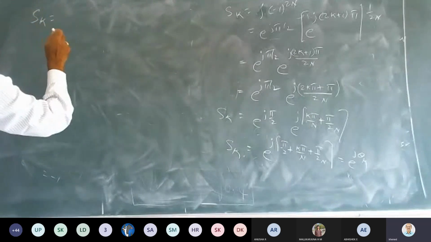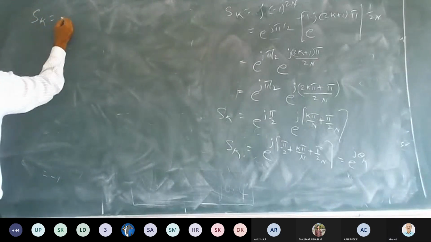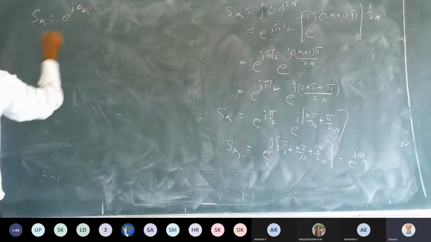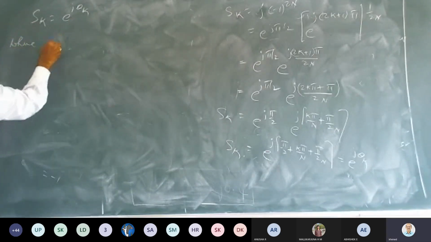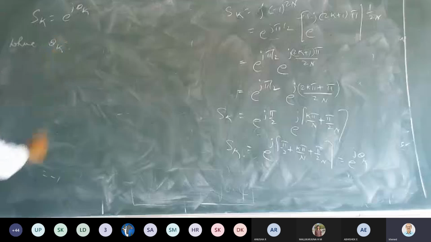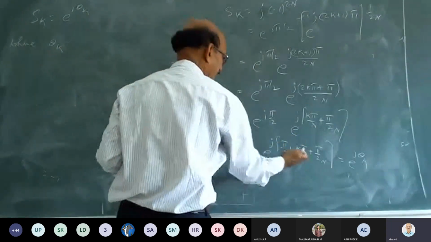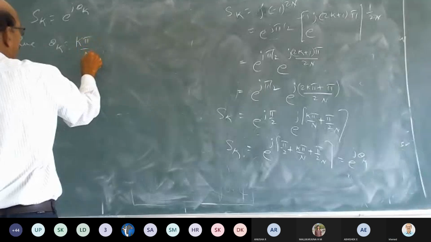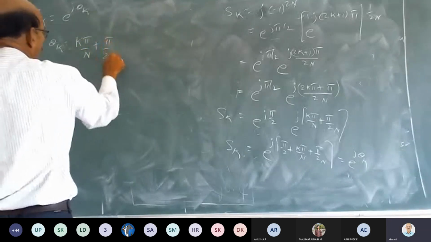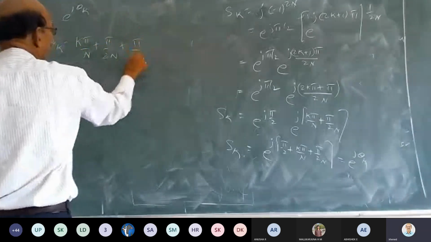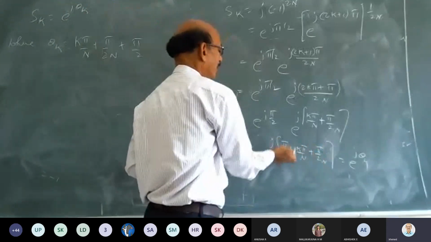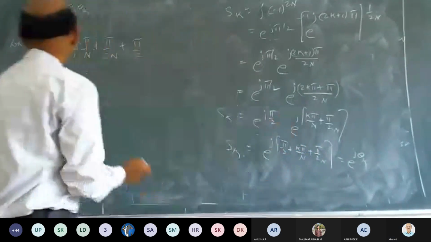So we have sk is equal to e power j theta k, where theta k is equal to this value. I'll write it like pi by 2 plus k pi by n plus pi by 2n. Okay.